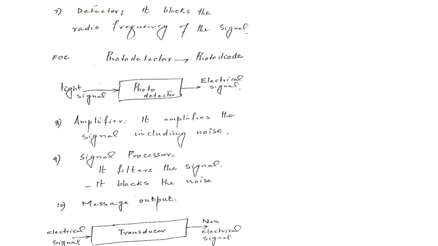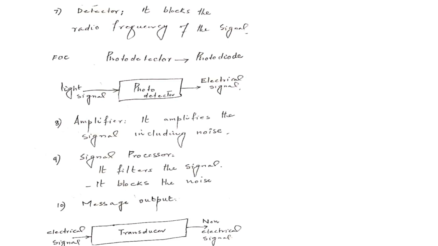In a fiber optic communication system, this detector is known as a photodetector, which is basically a photodiode. What we need to do in the fiber optic communication system is convert the light signal into the electrical signal.